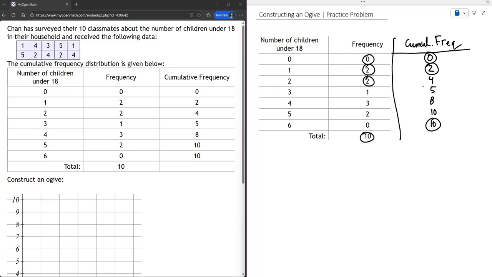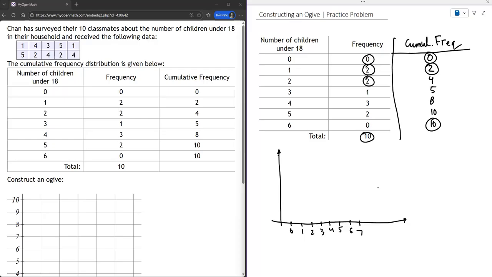Now, if you already know what a frequency polygon is, then the rest is pretty much self-explanatory, but let's do it together nonetheless. So here we're going to have observations 0, 1, 2, 3, 4, 5, 6, 7, and we're going to start.